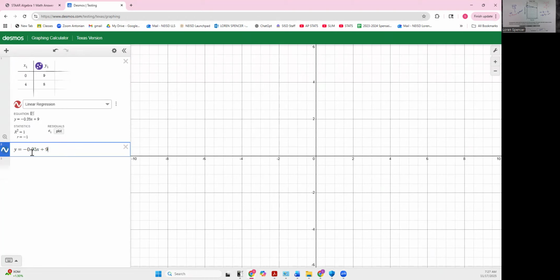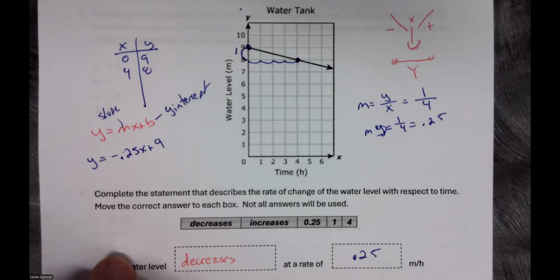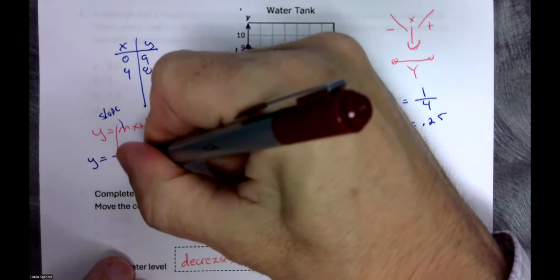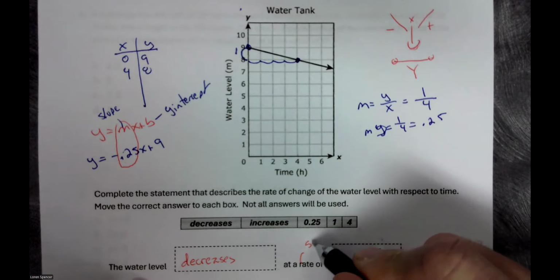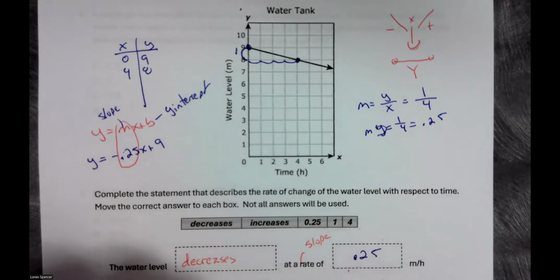Y equals negative 0.25x plus 9. So switching back to my paper, this is my slope. Now, the fact that it's negative means it's decreasing, and it's 0.25. And as for the rate, this is my slope. Okay. Moving on to number 3.